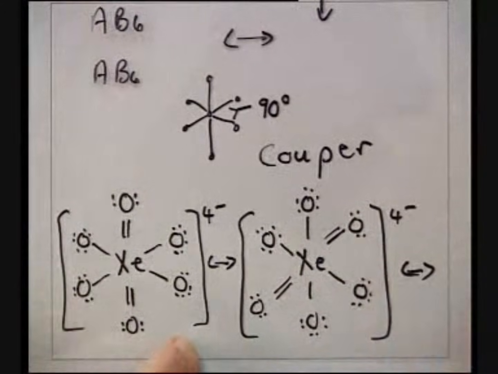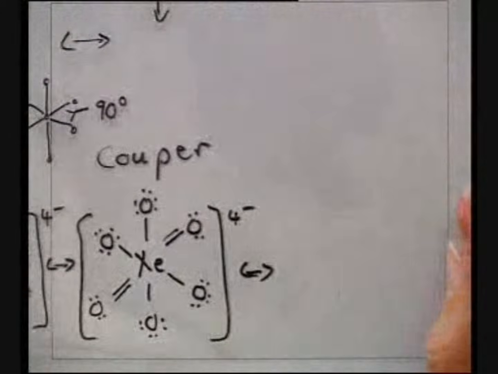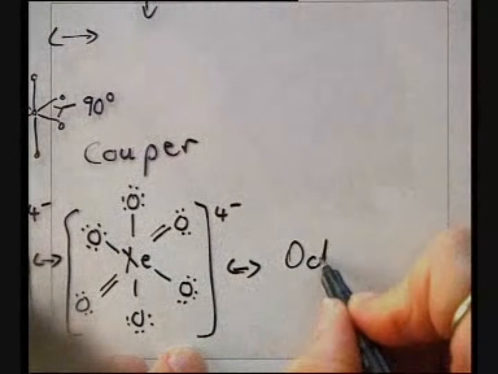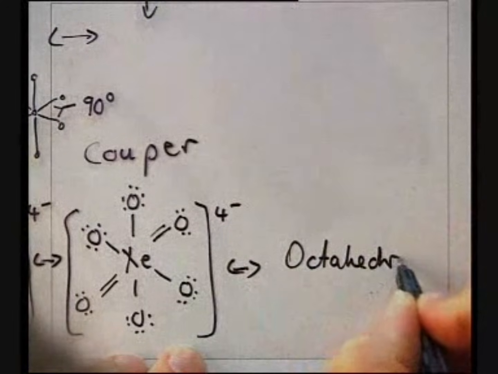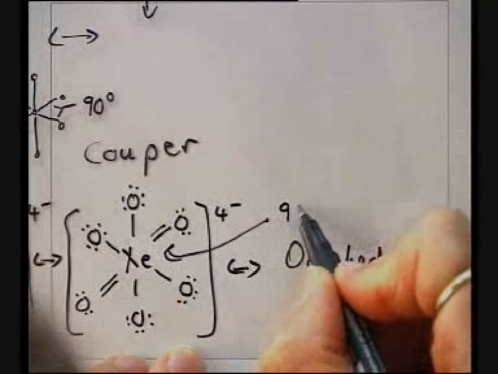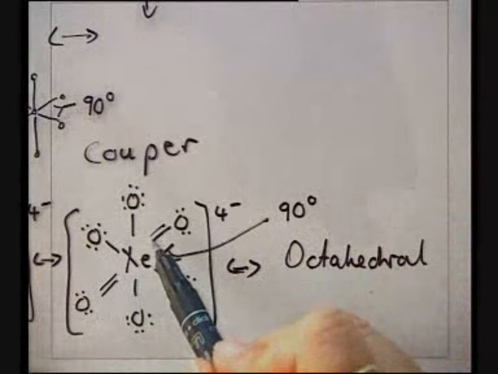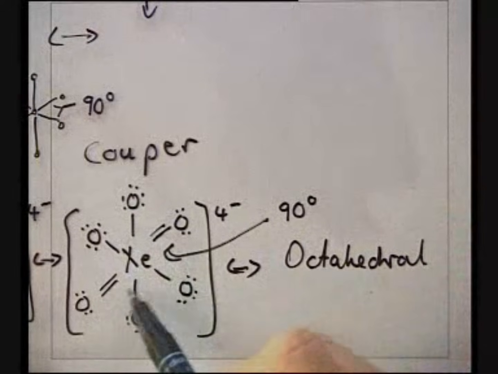And we can write even more resonance structures. The molecular geometry is then octahedral. Bond angles all equivalent, no distortions. Because we haven't got a double bond in this position, we have got something in between a double and a single bond.